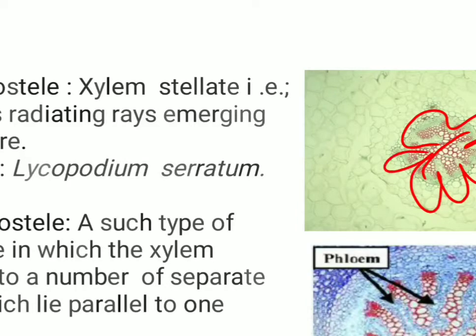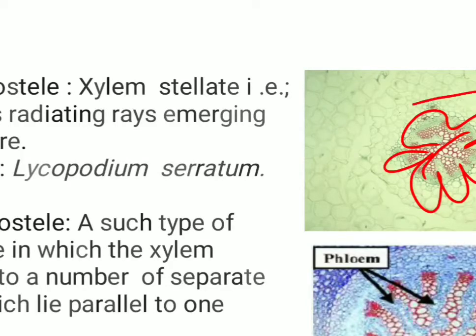Xylem is arranged in a radiating manner, emerging from a center, and this type of stele is known as actinostele.